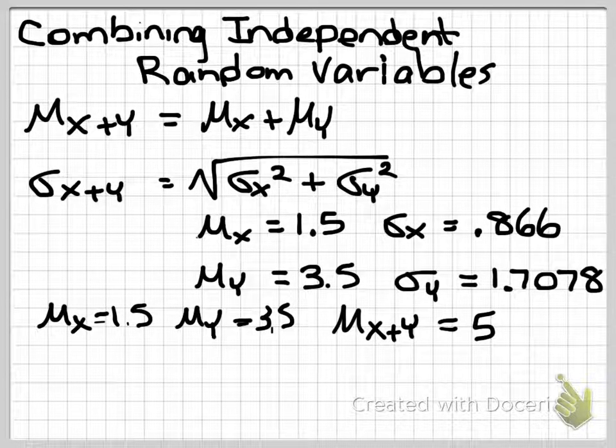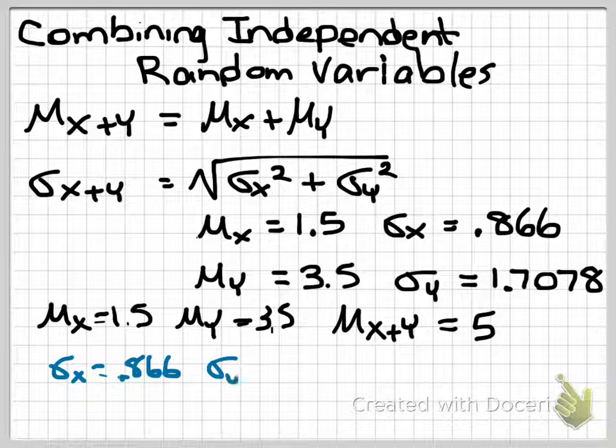And then for standard deviation, it's not quite as easy, but we can do something similar. If you recall, the standard deviation of x was 0.866, and the standard deviation of y was 1.7078.